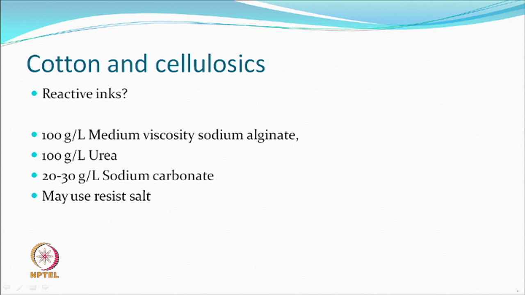You may use a resist salt, which is a mild oxidizing agent, as you know. During the fixation process, when you are going to be using steam, you should be able to control any damage due to reduction. So, what you do? You can pad the fabric through this type of solution, or you can overprint it.